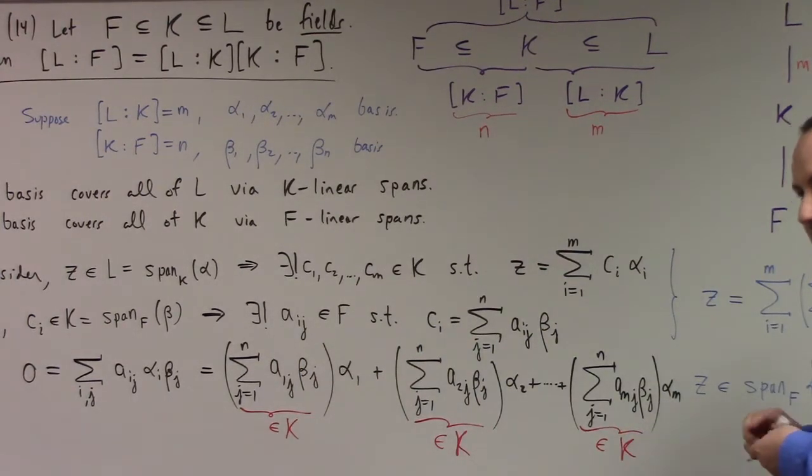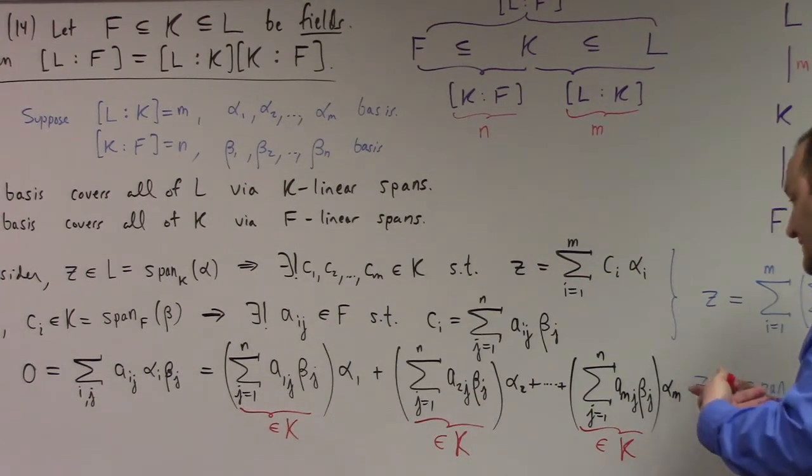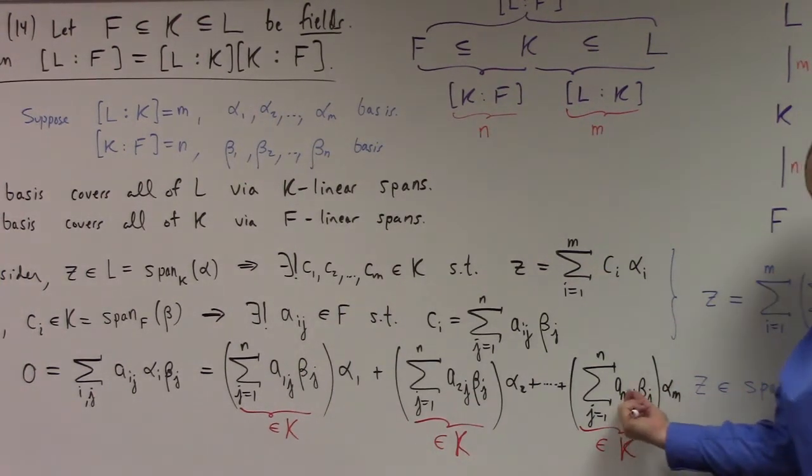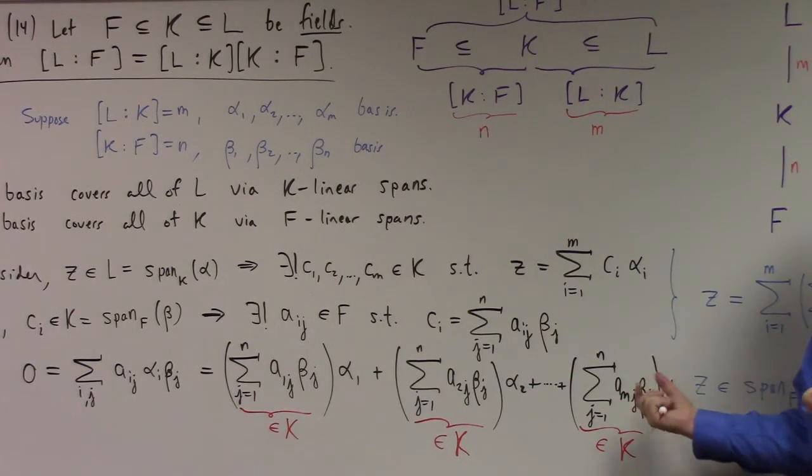Then we use linear independence of the beta basis to obtain that each set of coefficients, whether we're looking at i equals 1, 2, or even m, has to separately be 0.